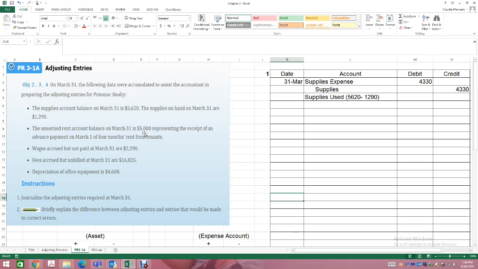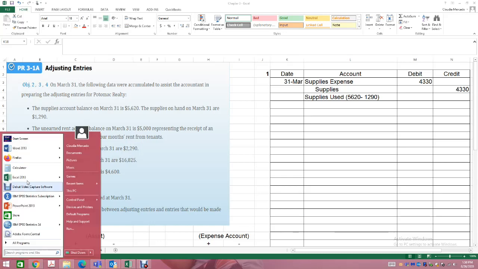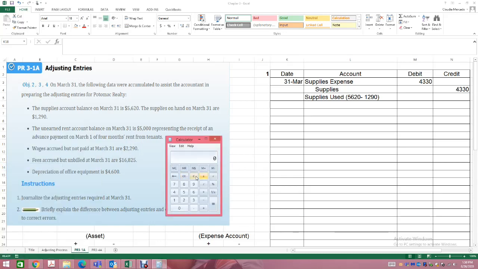The first thing we need to figure out is how much did they pay me monthly? Well, let's get my calculator. I received $5,000 in rent for 4 months, so that means my monthly rent is $1,250.